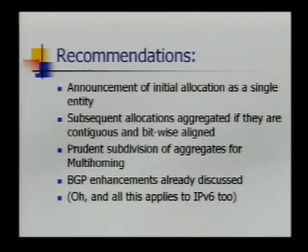If the registry does happen to give you a contiguous address block, for goodness sake, aggregate them. Prudent subdivision of aggregates for multi-homing is encouraged. You don't take your address block and chop it into /24s, as some people, certainly in my part of the world in Asia, seem to like doing. They seem to believe that makes multi-homing work, which, of course, it doesn't.